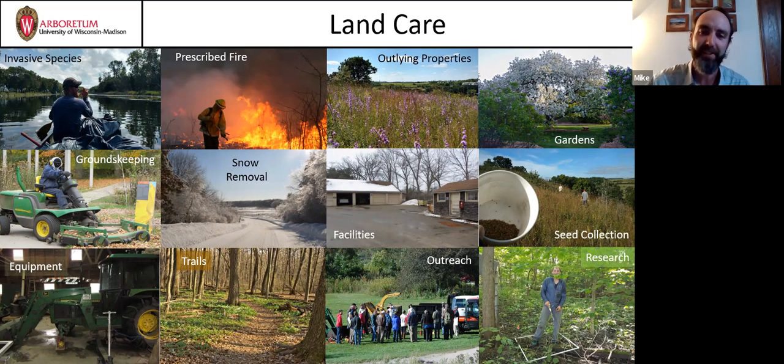Probably could put more things on the slide if there was more room, but you kind of get the idea that we're doing a variety of tasks out here, as a lot of people who work in public spaces have to do. I often describe the Arboretum as kind of a combination of a nature preserve, but also a tree and shrub museum, an outdoor classroom and laboratory, and a park. It's a little bit of all those things.